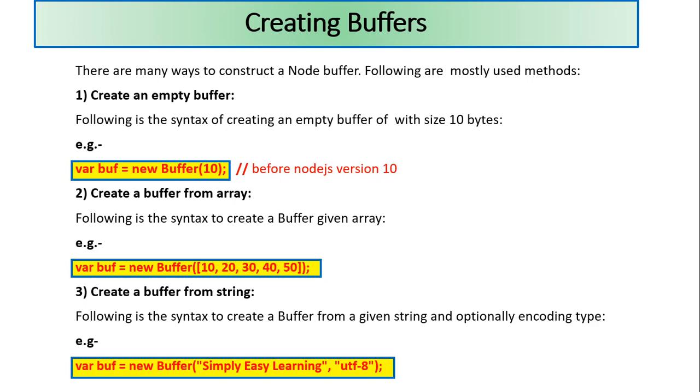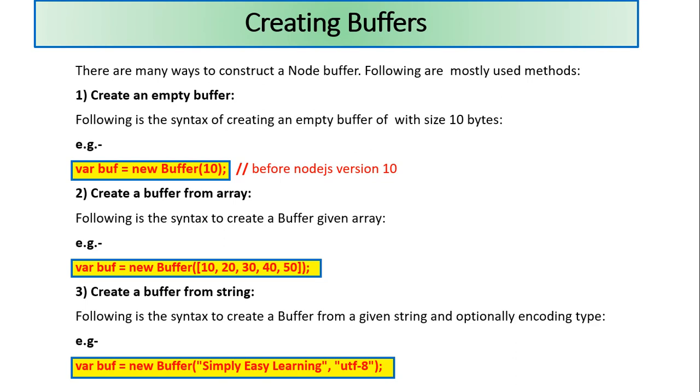Now the second way to create a buffer in Node.js is from an array. This is the syntax to create a buffer from a given array. In this example, we use a variable buff, then the assignment operator, then the new keyword.